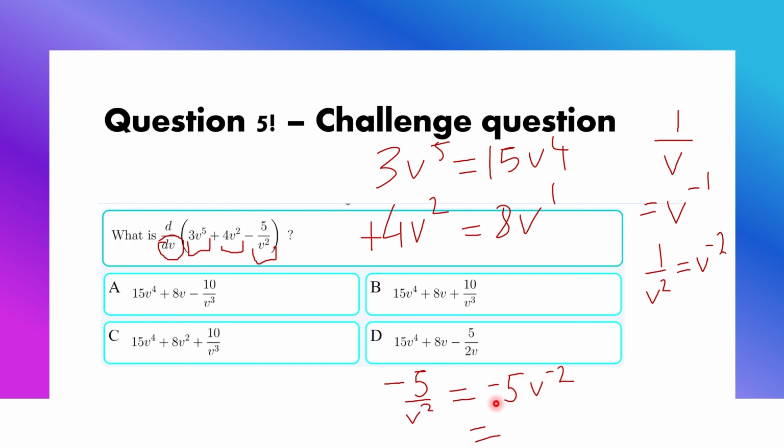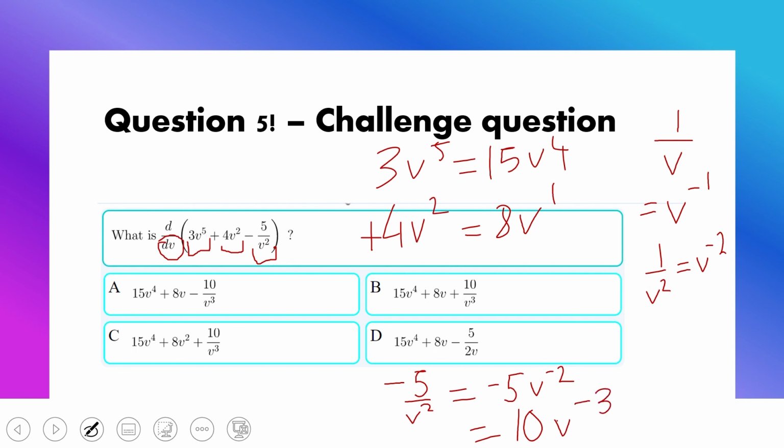Times this negative 5 times negative 2, which gives me positive 10, because negative and negative make positive, and 5 times 2 is 10, meaning positive 10. And then you have v, and then you minus 1 from the exponent. So negative 2 minus 1 is negative 3.